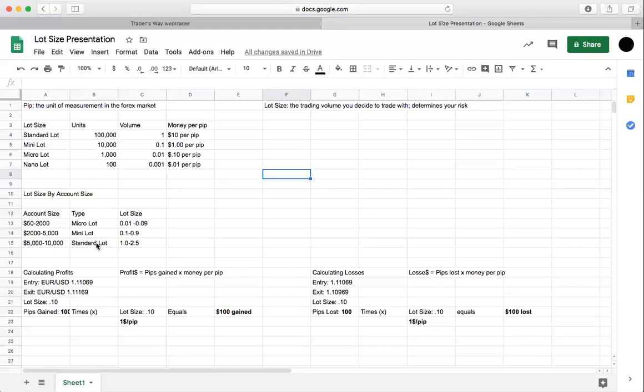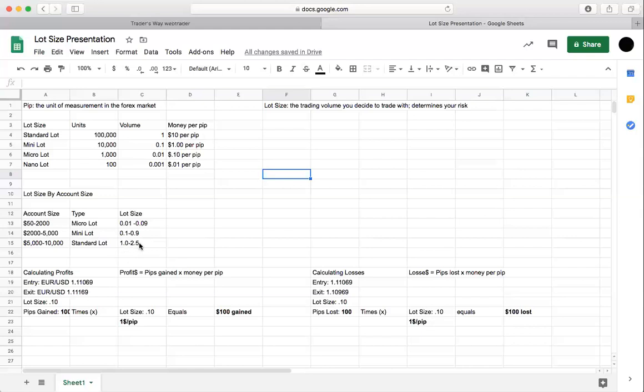You made it to the big leagues, right? 1.0 lot size means that that's $10 per pip. So you'll be making money very quickly. Or if you're irresponsible, you'll be losing money very quickly. If you go all the way up to the 2.5, right, that would be $25 per pip, right? And the lot sizes get larger.